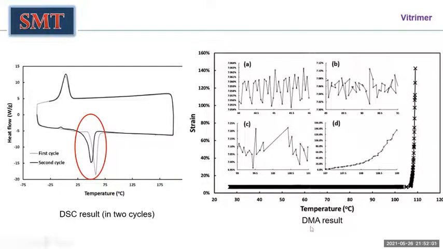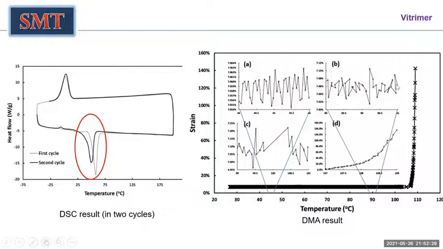But according to DMA, dynamic mechanical analyzer, this is strain and this is temperature. You will see that upon heating to this range, the strain is periodical within this range. And if you heat up to a higher temperature within this range, 90 degrees over here, it fully melts, but it still maintains its original shape.